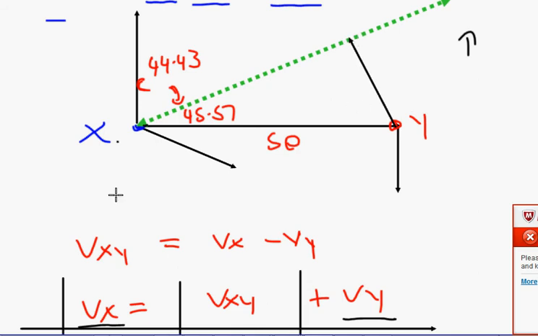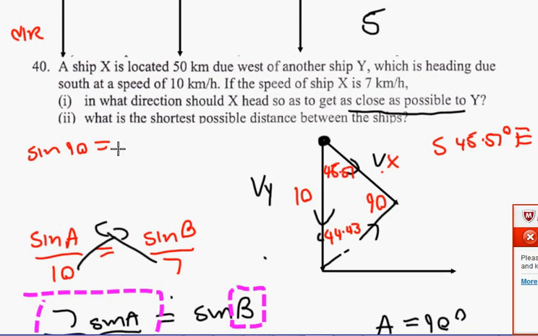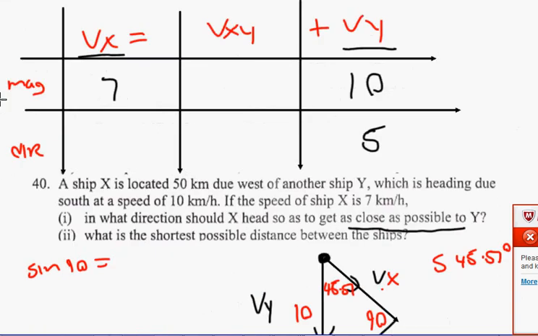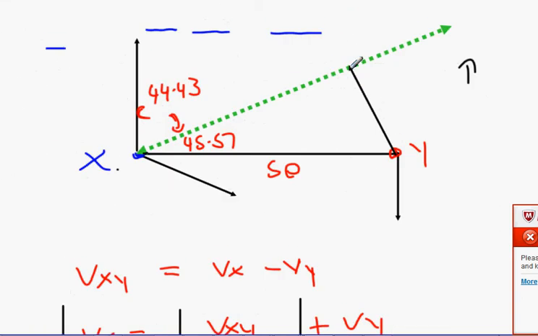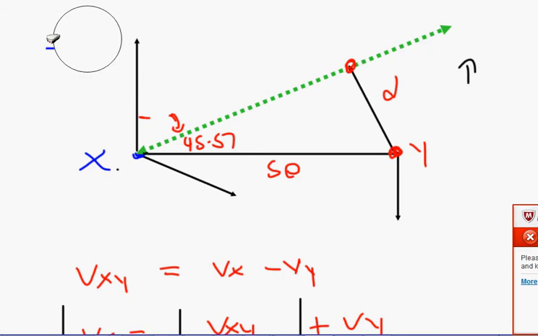Yeah? And the question wants us to find the shortest distance between the two ships. It's going to be this length here to this length here, which is going to be sine. So sine 45.57 equals d over 50.